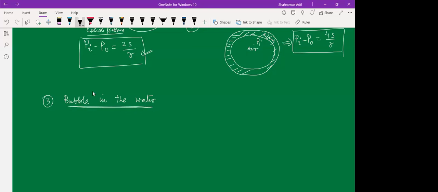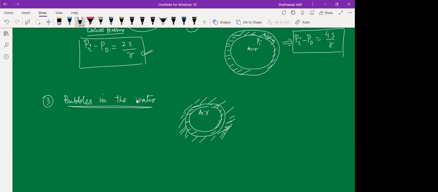So we have the bubbles in the water. How many layers are there? We have this layer, this is liquid, this is air, and outside is also liquid again. So how many layers are there?